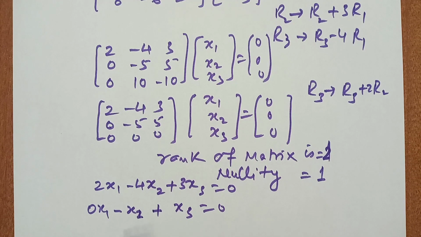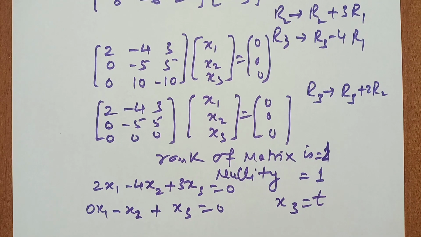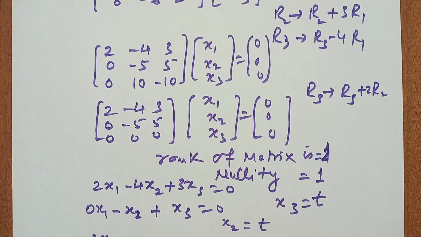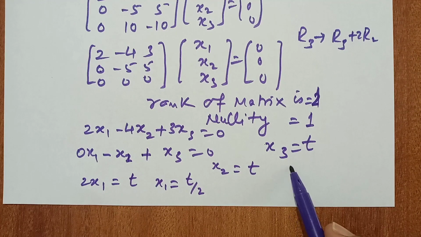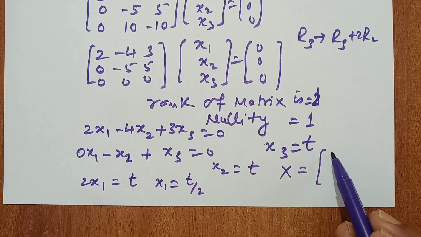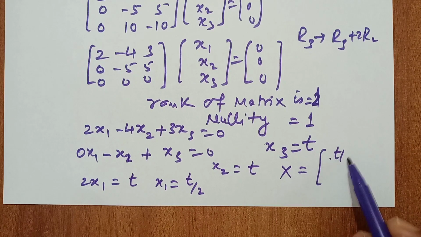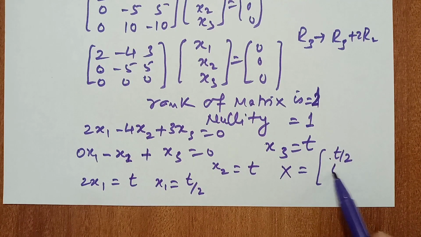From this equation, x2 is also t. From the first, 2x1 minus 4t plus 3t is equal to 0, so x1 is equal to t by 2. So X is equal to x1, x2, x3, which is t by 2, t, t.